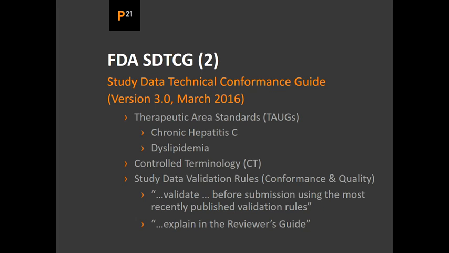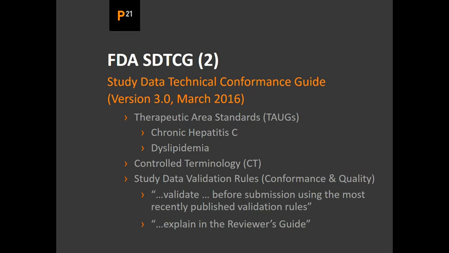And then, of course, the validation rules, both conformance and quality. The Technical Conformance Guide recommends that you validate using the most recently published validation rules, and that you explain any issues that are identified by those validation checks in the respective reviewer's guide. That's a topic we'll cover in a little more detail a few slides later, but think about a study that you might have conducted 10 years ago, and you ran the version of the validation rules at the time, and you've documented those in a reviewer's guide.